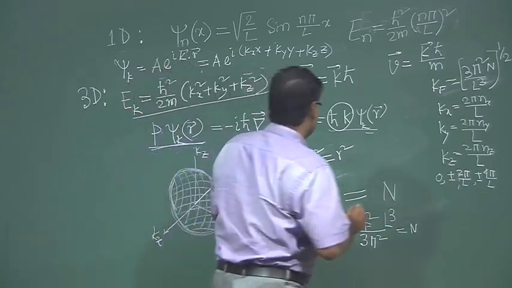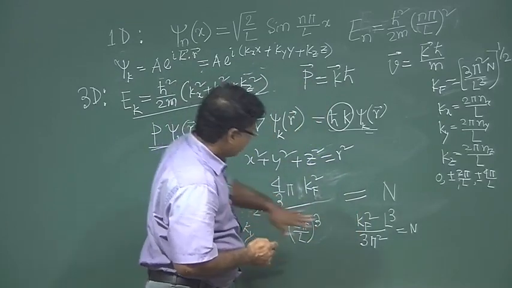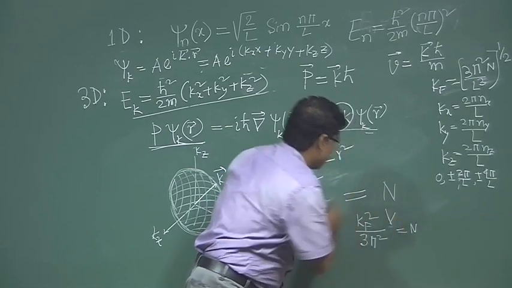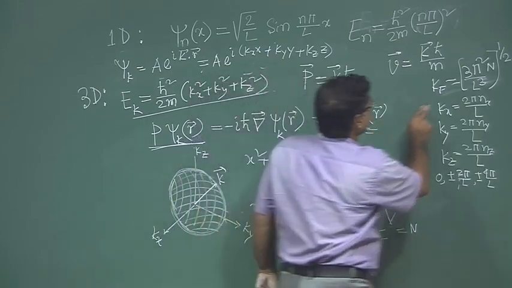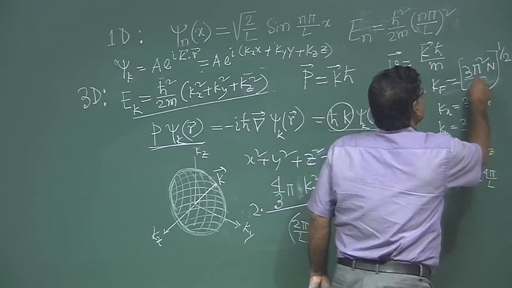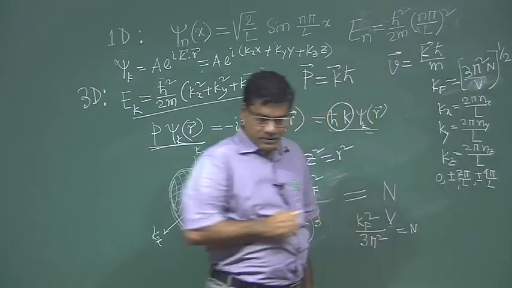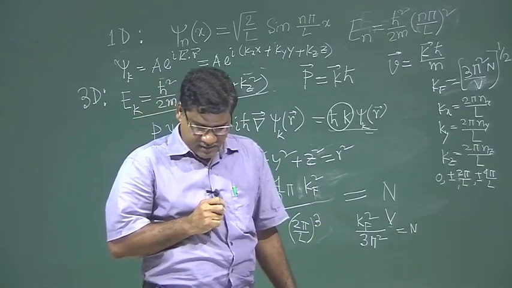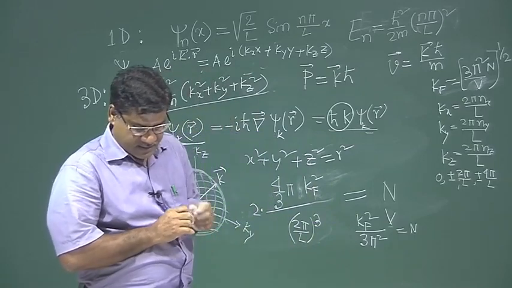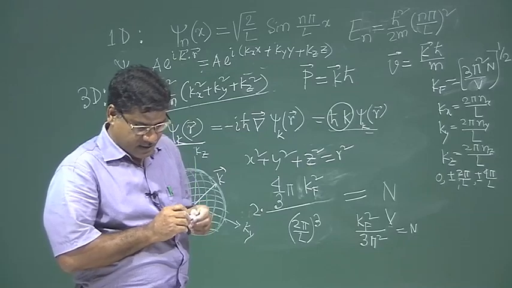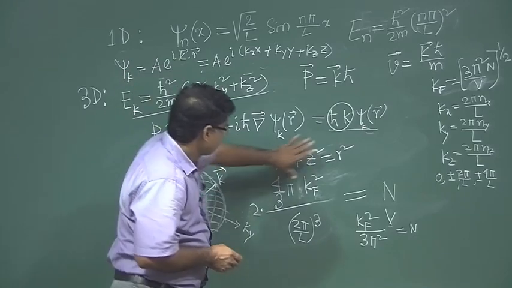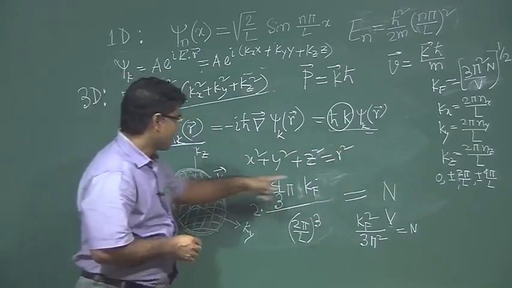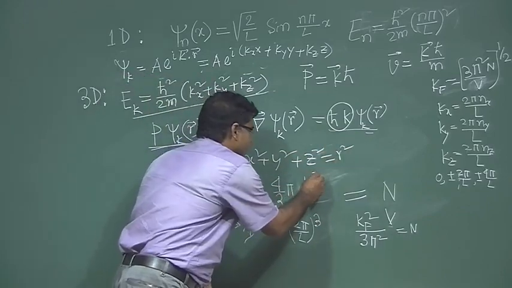L cube one can write as volume v. But I made a mistake here: it is kf cube, not kf square, that is the volume.